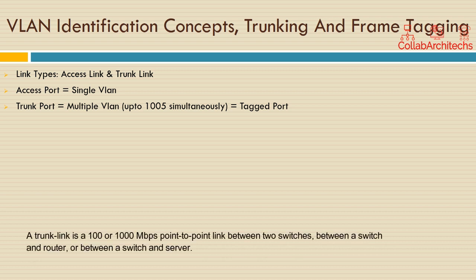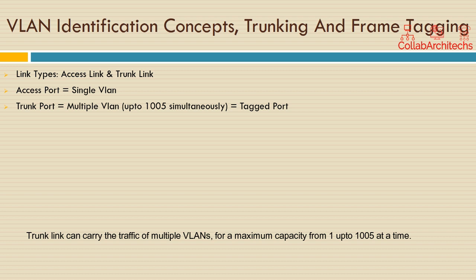A trunk link is a 100 or 1000 Mbps point-to-point link between two switches, between a switch and a router, or between a switch and a server. A trunk link can carry the traffic of multiple VLANs, from 1 up to 1005 at a time.